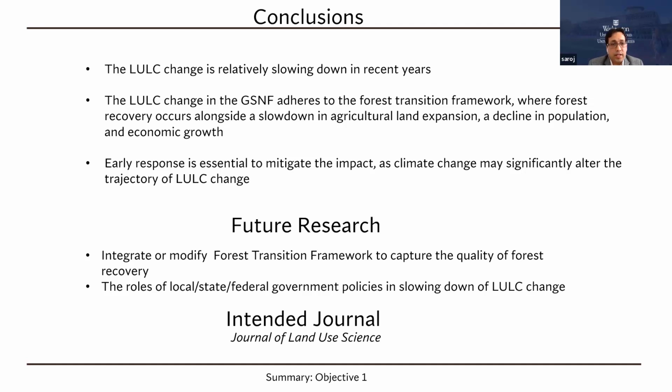Future research in this area is to integrate or modify the forest transition framework to capture the quality of forest recovery. So the model as is does not capture the quality of it. It can give you whether the forest recovered or lost, but it won't tell you the quality of the forest.